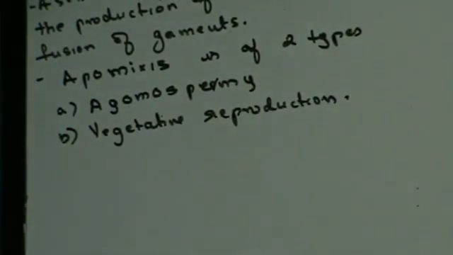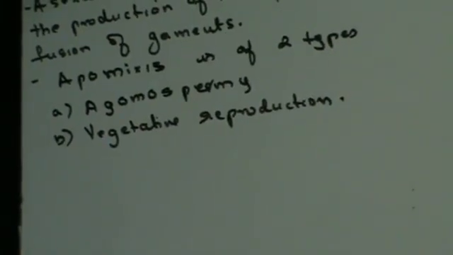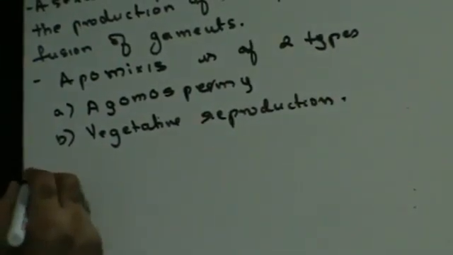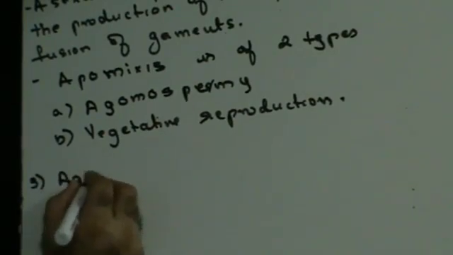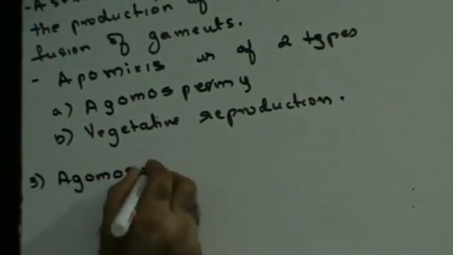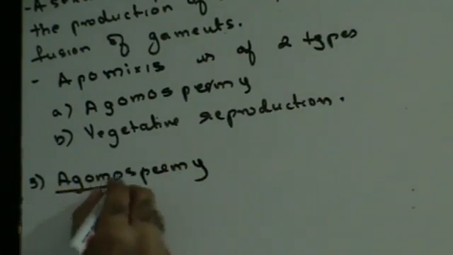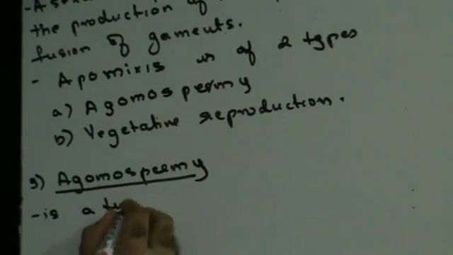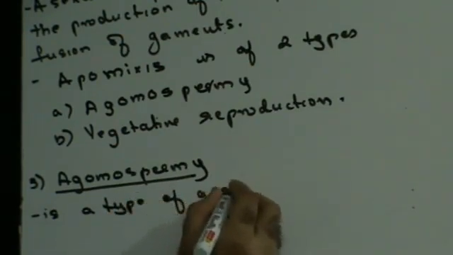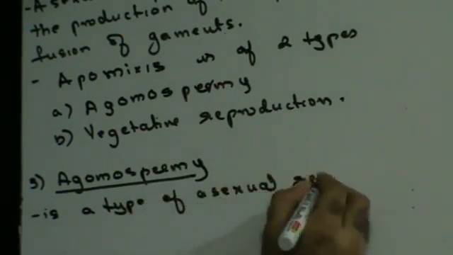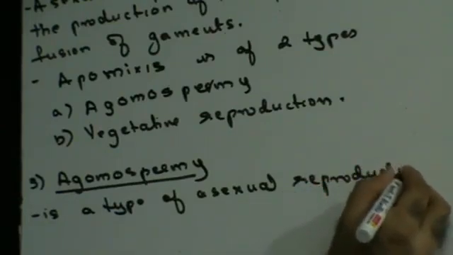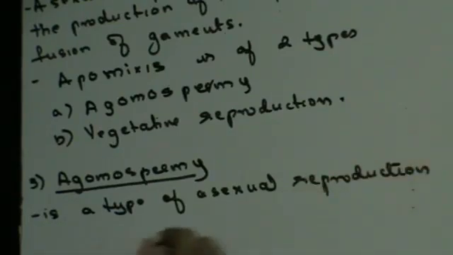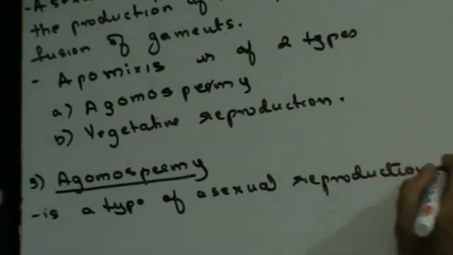Right? Now, what do I understand by angiospermy? Angiospermy is a type of asexual reproduction without the fusion of gametes.